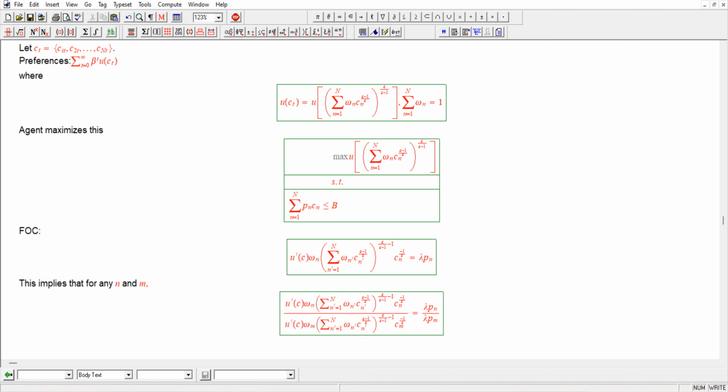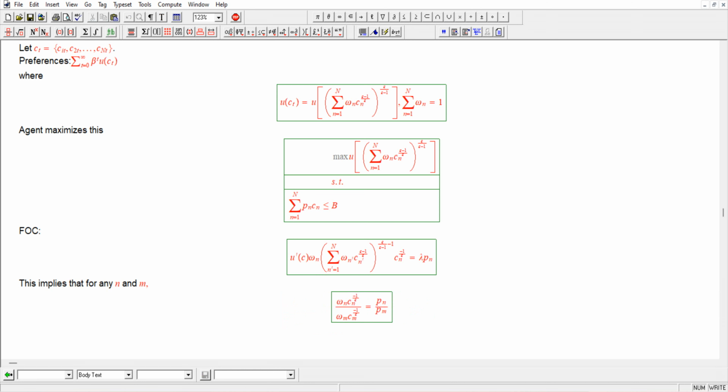And of course, you can see this is going to simplify dramatically. The lambdas will cancel here, this will cancel here, this will cancel here, this will cancel, this will cancel, and we'll be left with a much simpler expression.